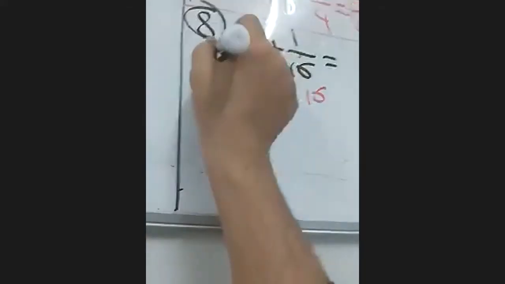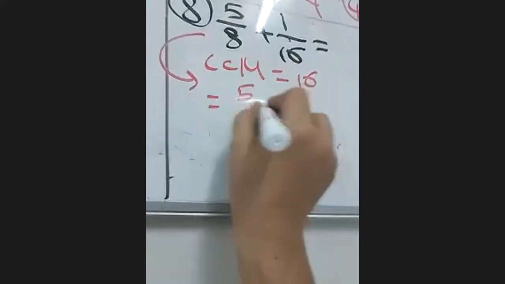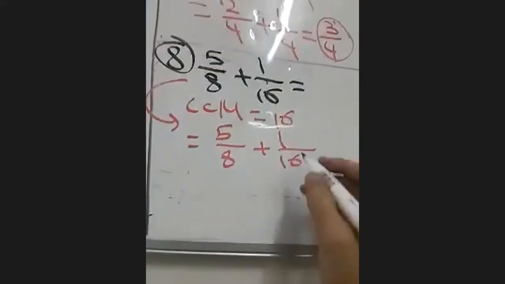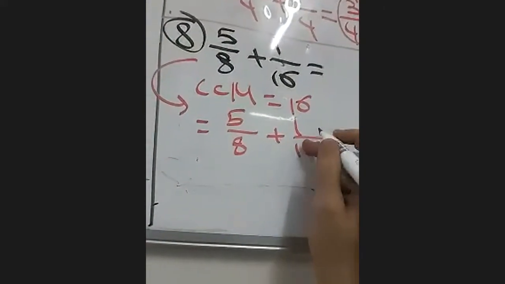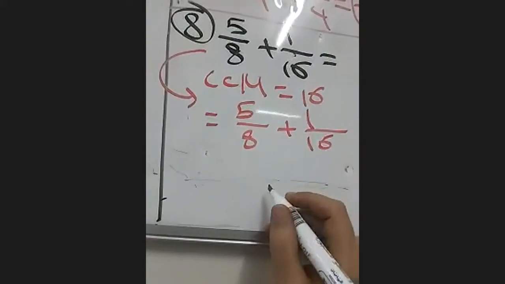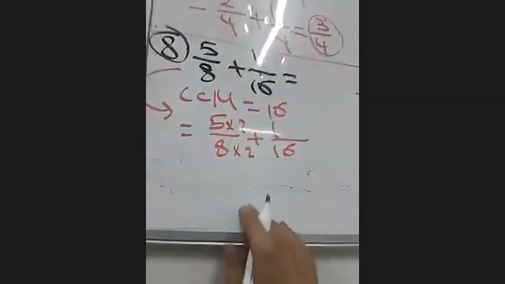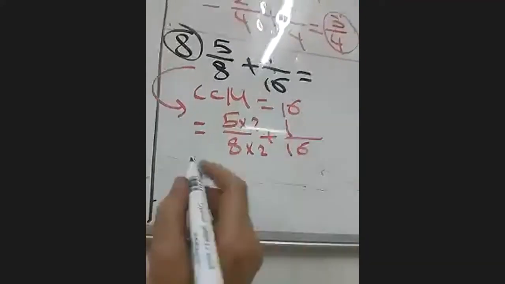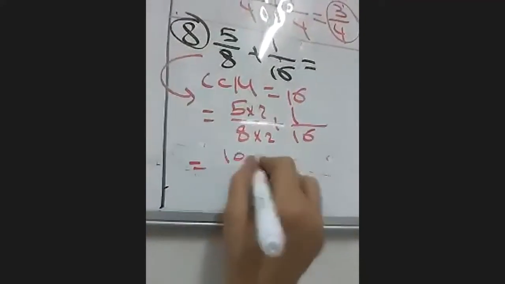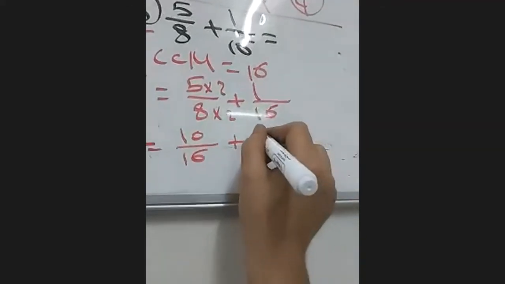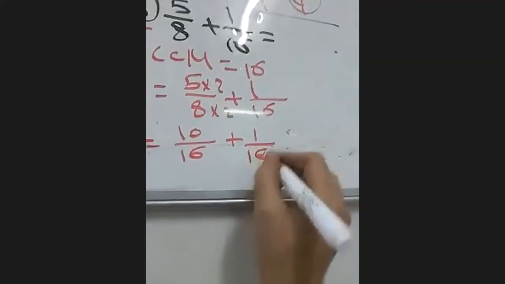16. Okay. This is 5 over 8 plus 1 over 16. What will I do? Multiply 5 by 8, we multiply it by 2. Good. 16 is simplified. 10 over 16, yes, plus 1 over 16 equals what?